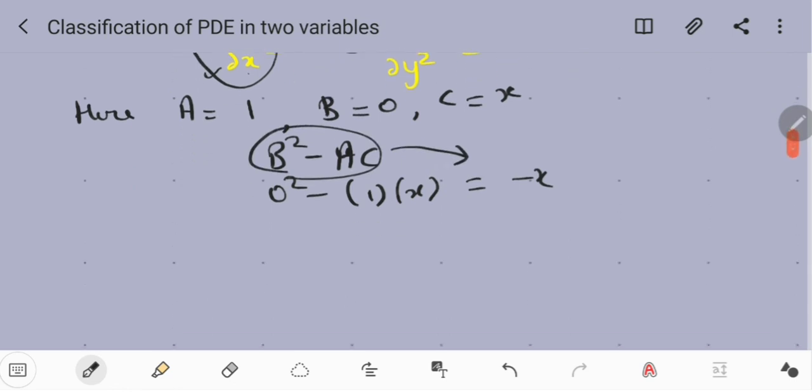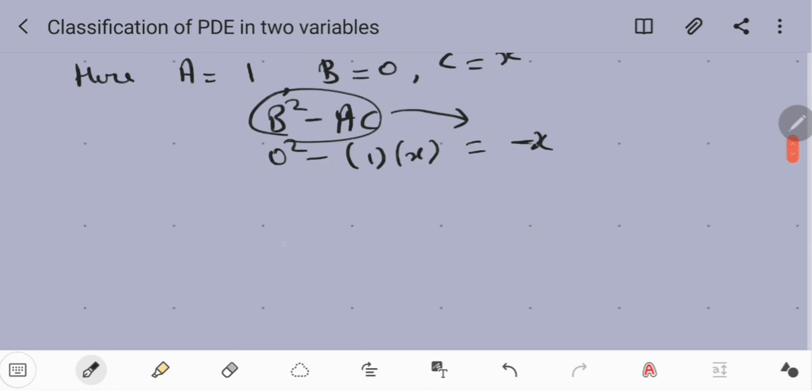So now this is negative, right? If x is any positive real number, then this will come out to be negative only. So if x is greater than 0, x is positive, then the equation will be elliptical in nature.